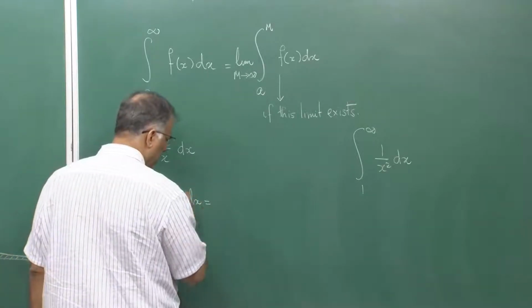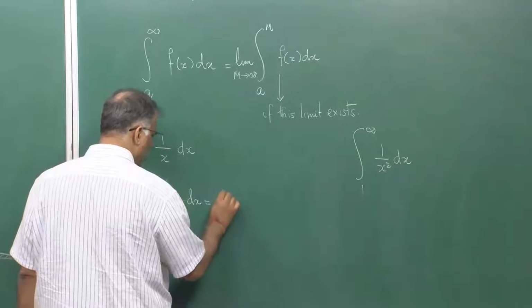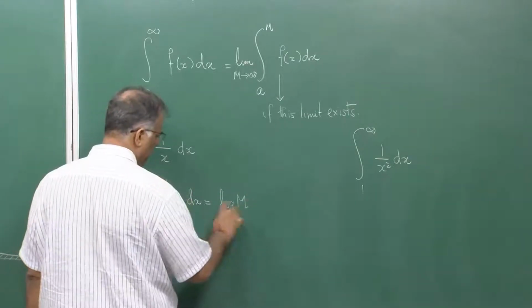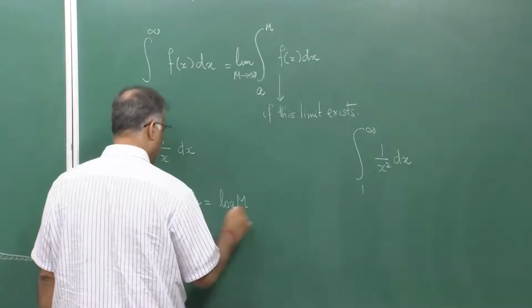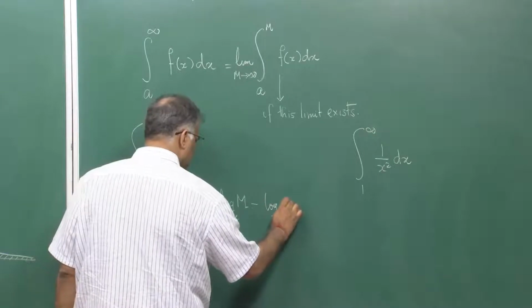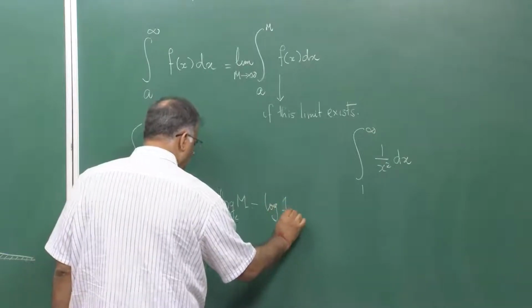This integral would be nothing but logarithm of m, or ln m, the natural logarithm, log to base e actually, minus log e of 1, and log e of 1 is 0.